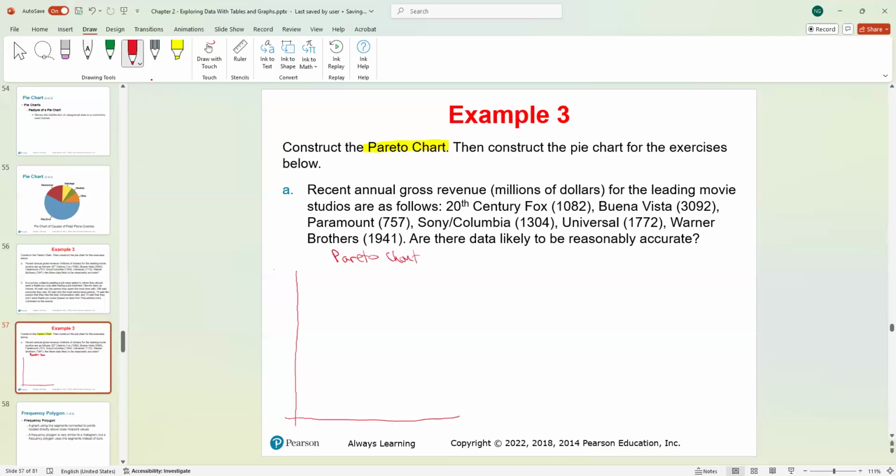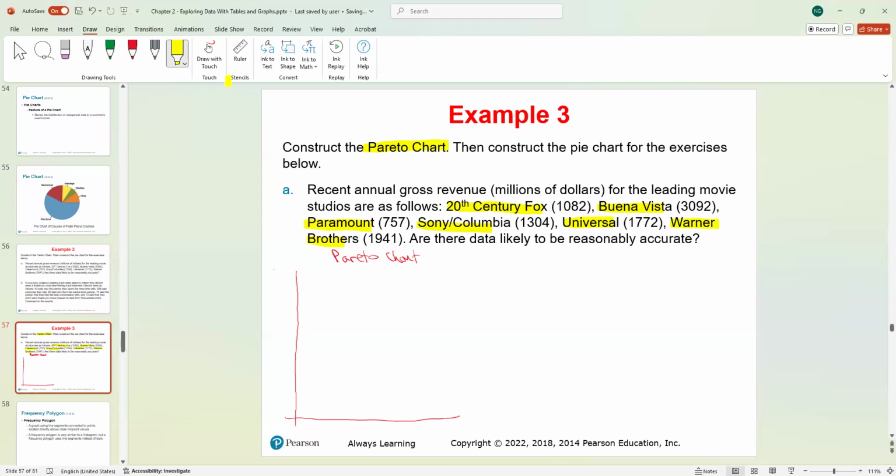Now, identify our category. It says annual growth revenue, millions of dollars, for leading movie studios are as follows. We're going to go with 20th Century Fox, Buena Vista, Paramount, Sony Columbia, Universal, and Warner Brothers.